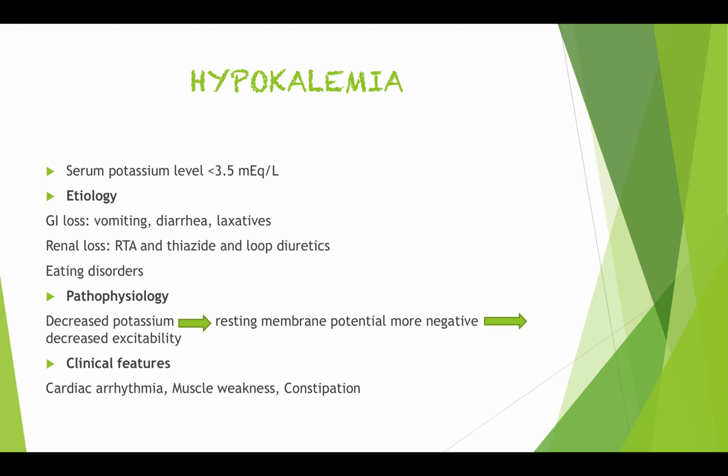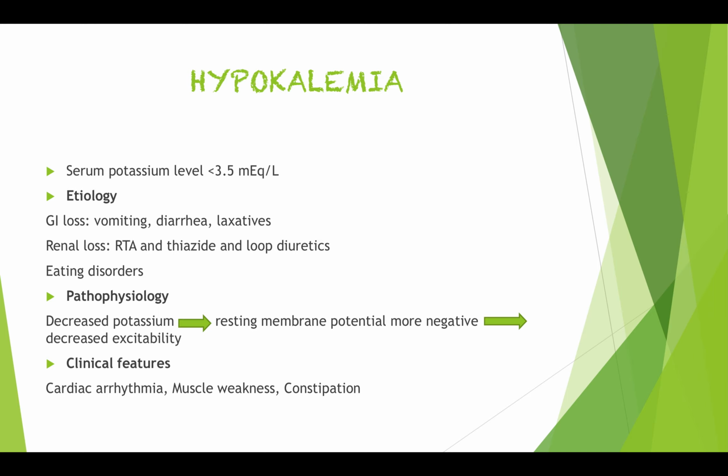In hypokalemia, the serum potassium level is less than 3.5 milliequivalent per liter. The causes include vomiting, diarrhea, and laxatives. It may be caused by renal tubular acidosis, a condition of metabolic acidosis that is caused by a problem in the renal tubules. Thiazide and loop diuretics also cause hypokalemia.